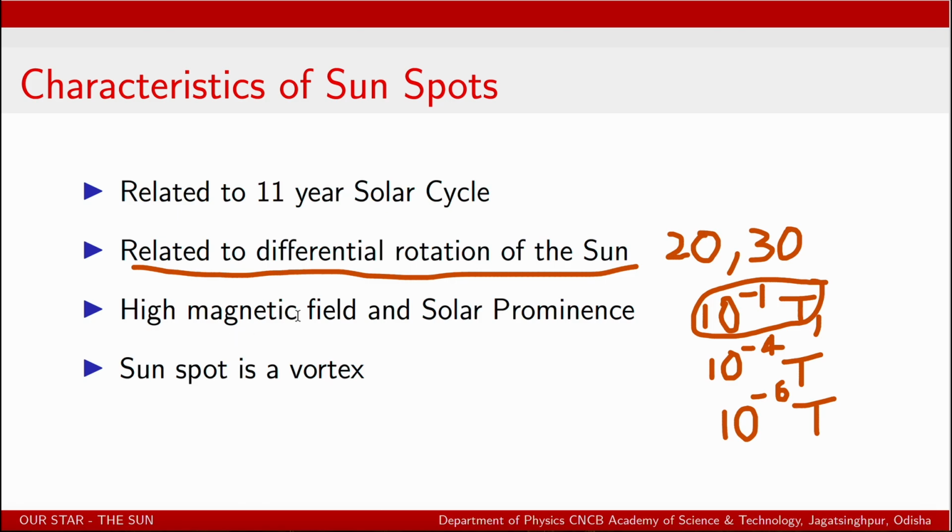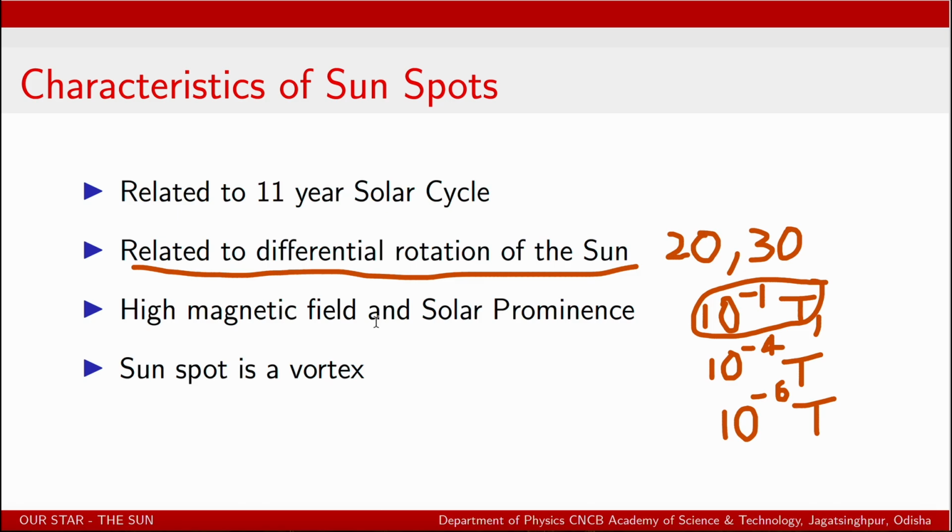And what happens at the sunspot? Why is the sunspot cool compared to the adjoining region? It is because of this high magnetic field that the convective process is disrupted. Convection is a very good method of transferring energy from the lower edge to the upper edge.